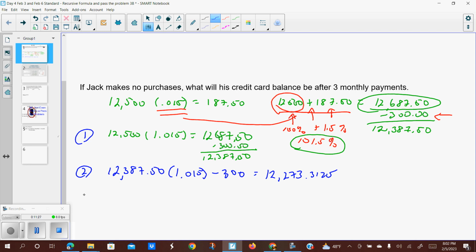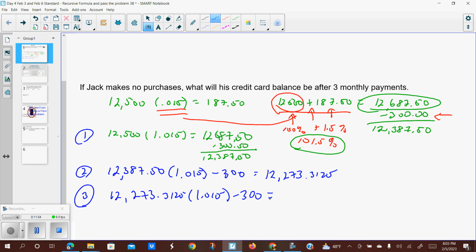Rinse, wash, and repeat. Wash, rinse, repeat, something like that. We're going to do it all over again. So then it's 12,273.3125 times 1.015 minus our $300.